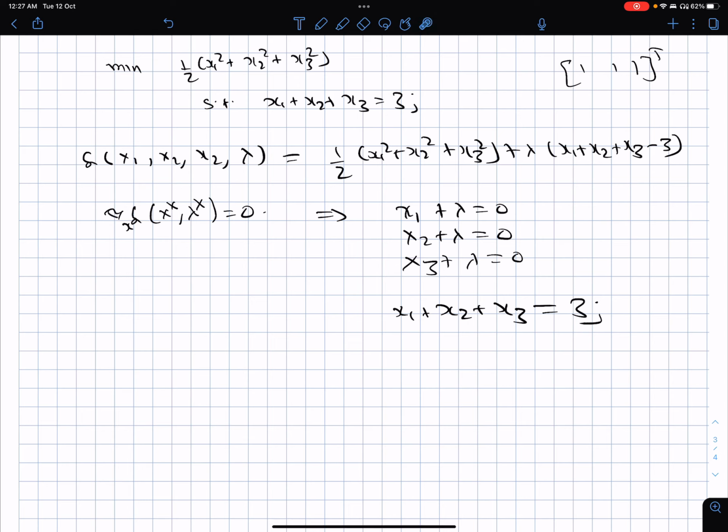So this tells us that x1 is equal to x2 is equal to x3, and since the sum of them is equal to 3, only one candidate is there, which is equal to 1, and lambda becomes equal to -1. Now there is only one point which satisfies the necessary condition.